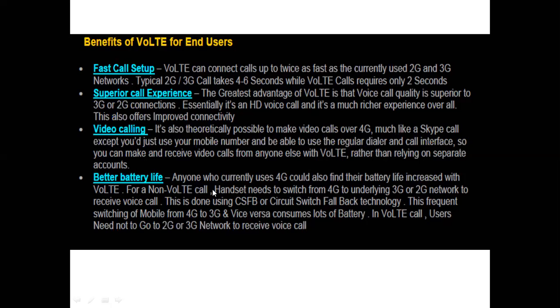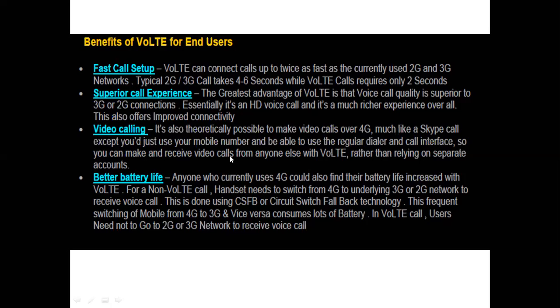Suppose you are doing a video call, at that time your QCI2 is also established along with QCI1, because QCI2 is used for video only, but during a video call we also require audio. So for that your QCI1 is also established. At that time you have 4 DRBs at a time, simultaneously 4 DRBs are working.